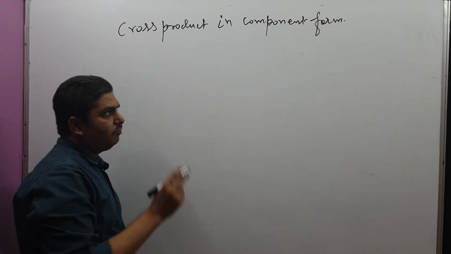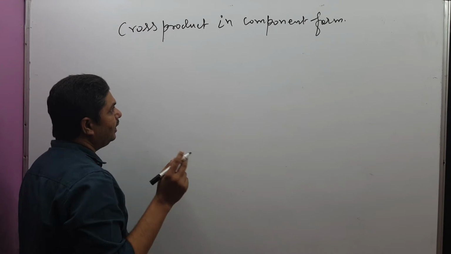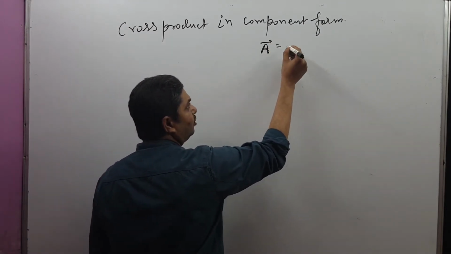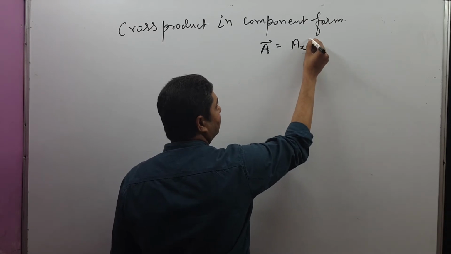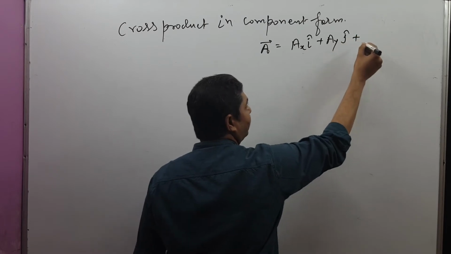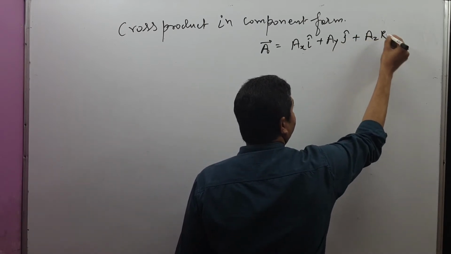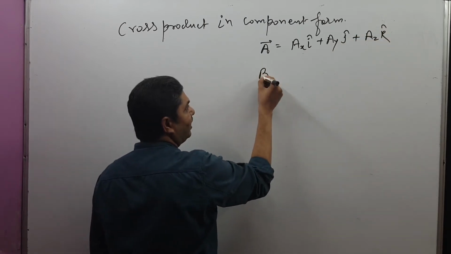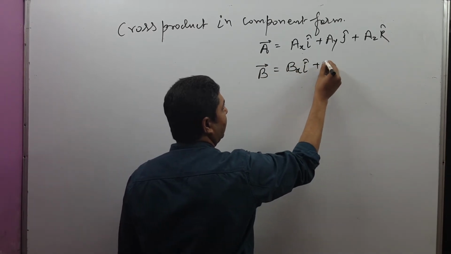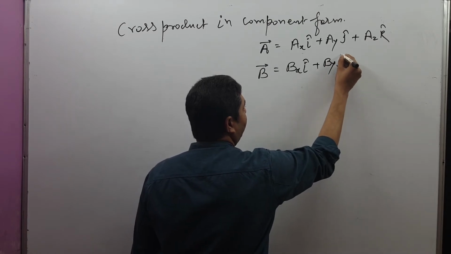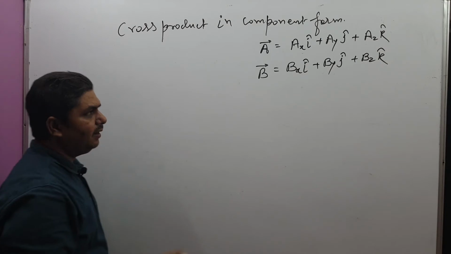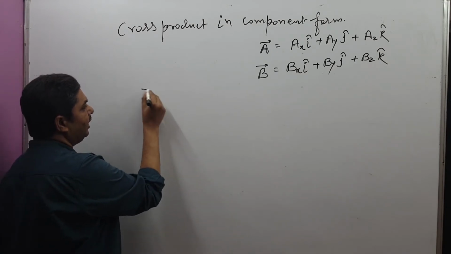For understanding this, let us take vector A equal to AX i, AY j, AZ k, and vector B equal to BX i, BY j, BZ k.